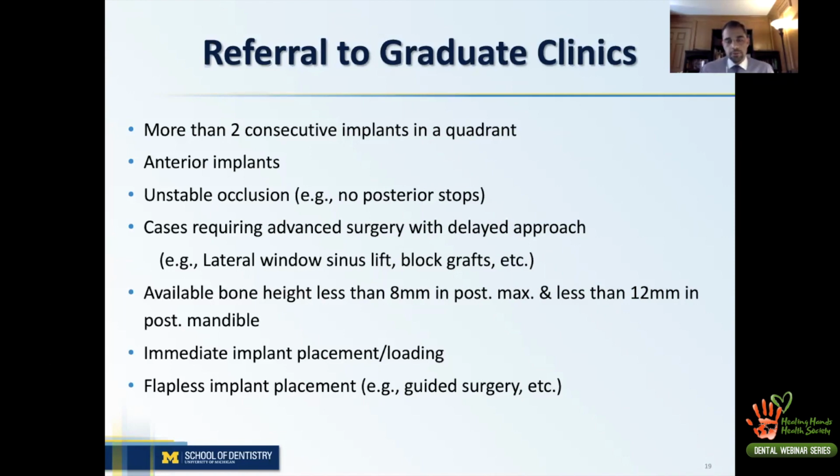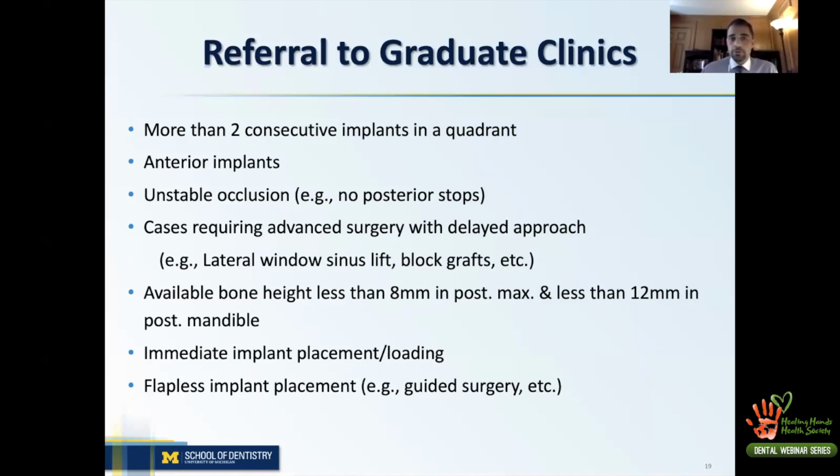Currently, most of our cases are treated by using a stock abutment, a prefabricated abutment. So sometimes aesthetic outcomes are not ideal with a stock abutment rather than using a custom abutment would probably satisfy these cases. So that's why those cases are referred to the graduate clinic.